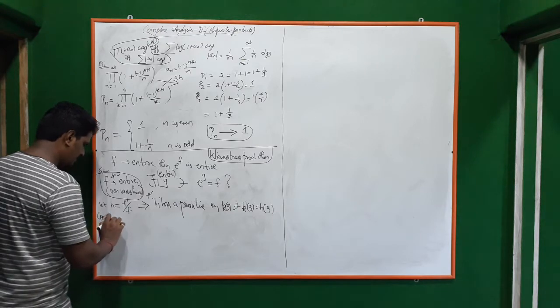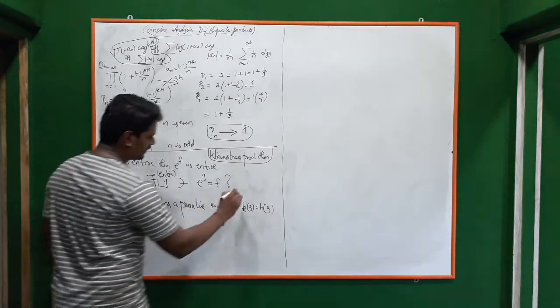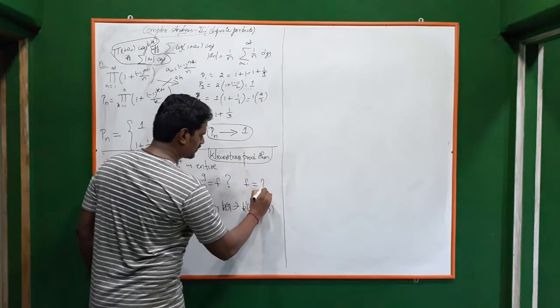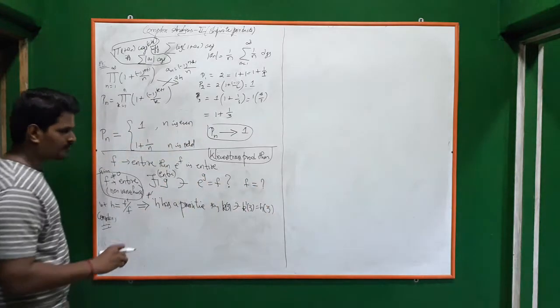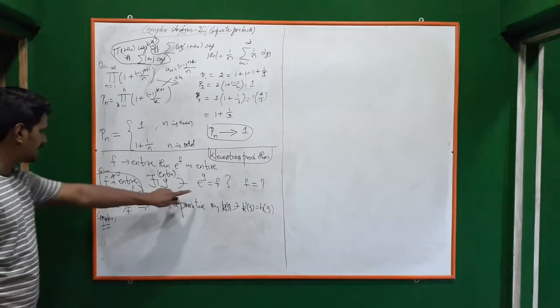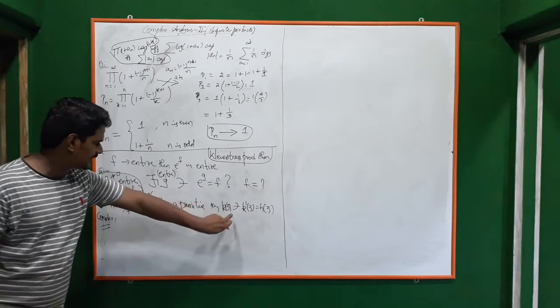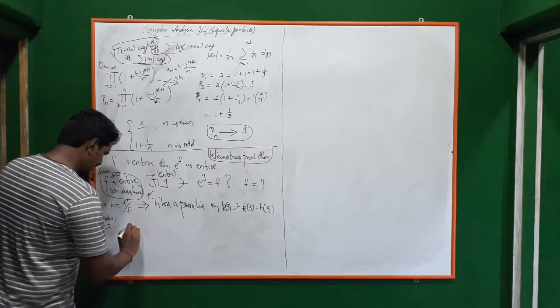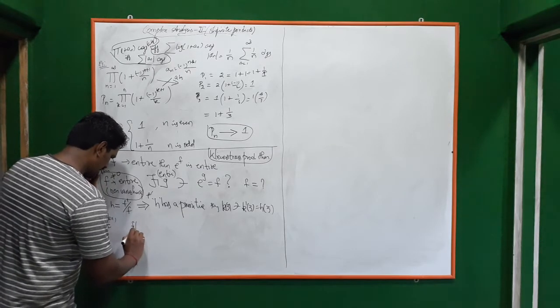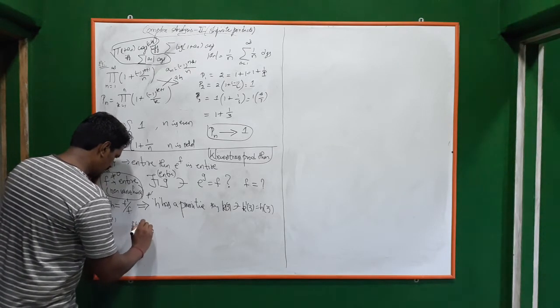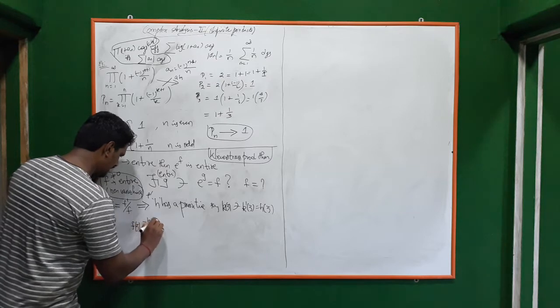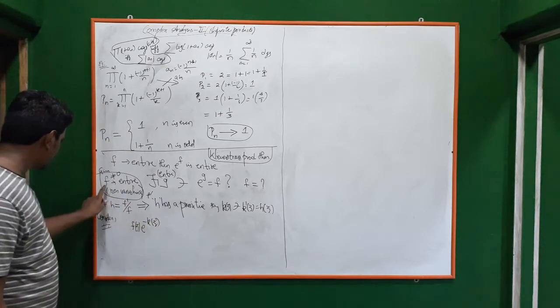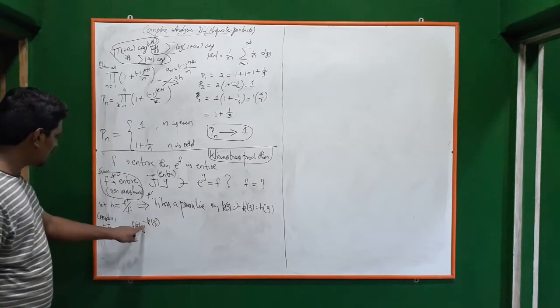Now we have to find f. f is equal to what? That is nothing but e power g, we have to prove. So we have to do something with this exponential and this k. So consider f of z into e power minus k of z. f of z is the given function, times exponential of minus k of z.